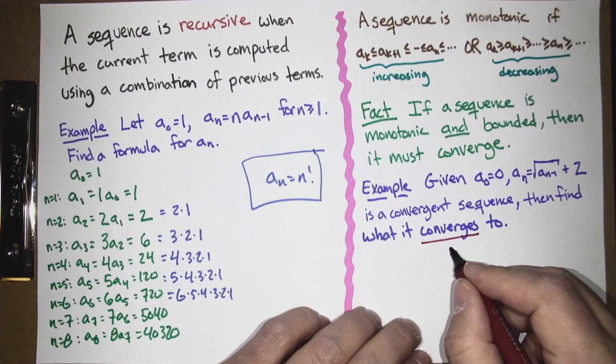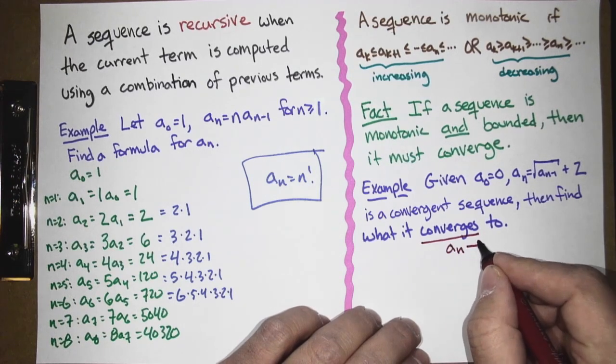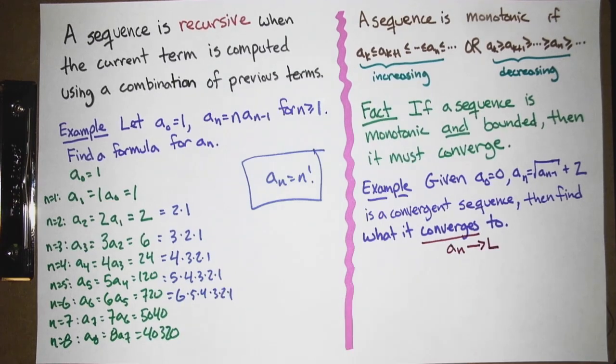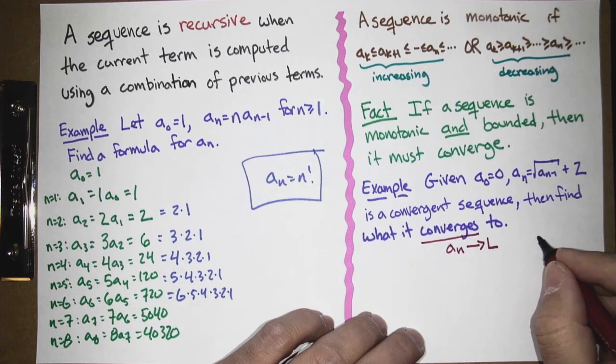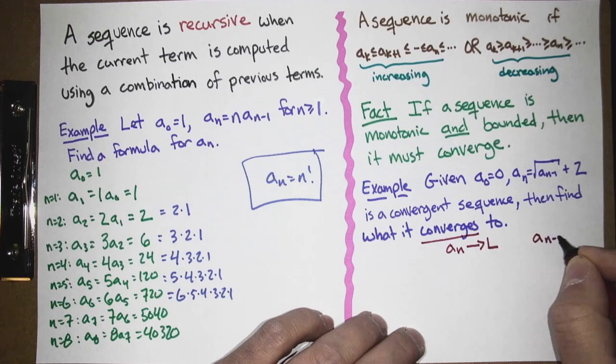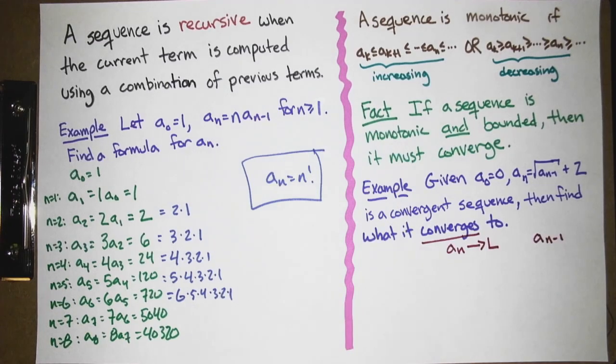So that tells me a sub n is approaching L. That's what we have. It's converging. Now I'm going to ask you a question. If a sub n approaches L, what does a sub n minus 1 approach?